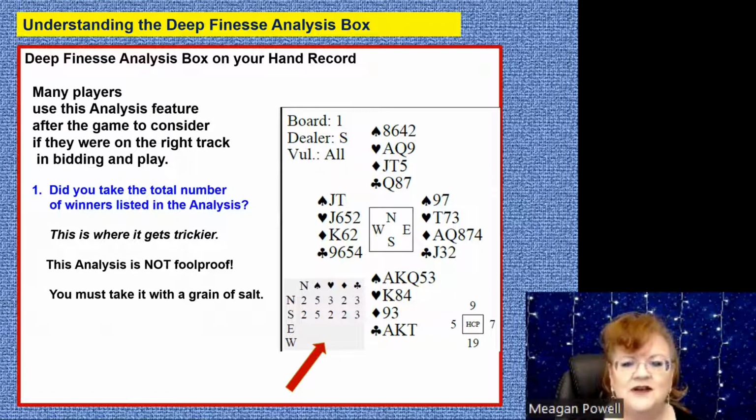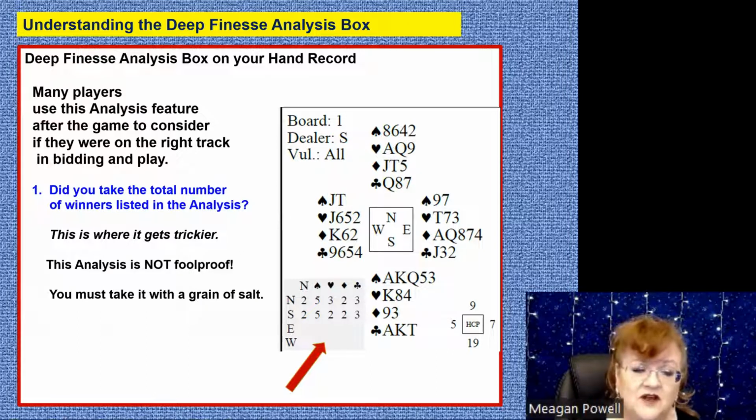When they're saying how many tricks you should have taken, the computer knows where every 7 is, where every 8 is when it's making that judgment. There are going to be times when the computer is going to say you can take 11 tricks, and you look at the hand and you go back into Bridge Base and replay the hand, and there's just no way you think you can take 11 tricks.